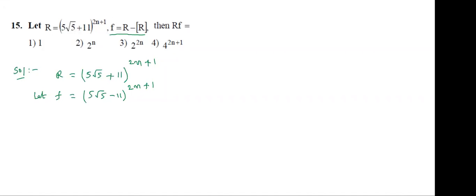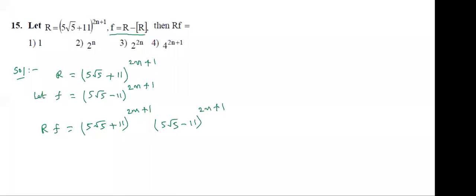Take the conjugate. But what are they asking, students? R into small f. Both multiply. 5 root 5 plus 11 whole power 2n plus 1, into 5 root 5 minus 11 whole power 2n plus 1.